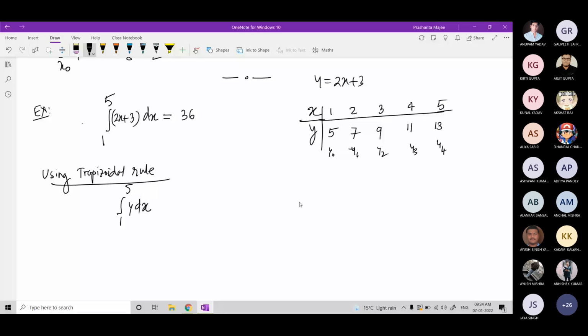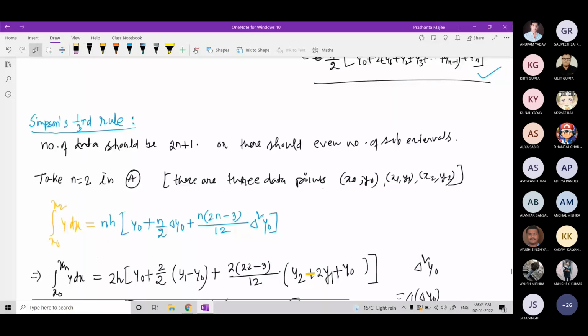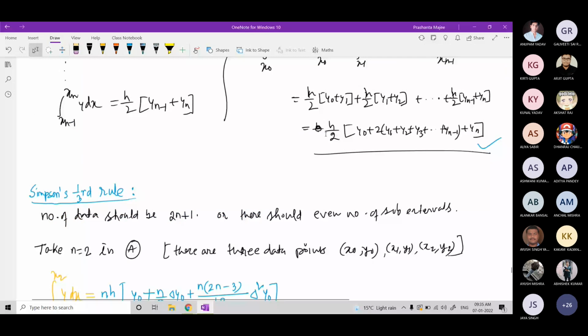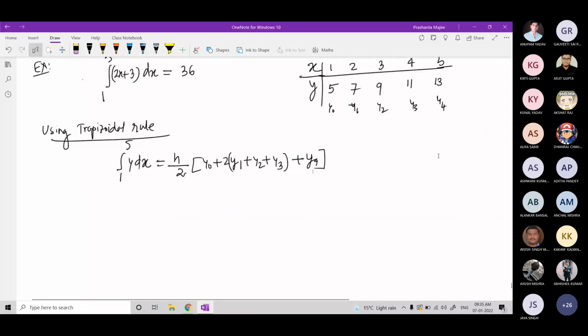So that is h by 2 times y0 plus 2 times y1 plus y2 plus y3, and last y4. Look at the formula: h by 2 times y0 plus 2 times the middle data, and the last data is alone, yn. So substitute and see how much answer we are getting here.